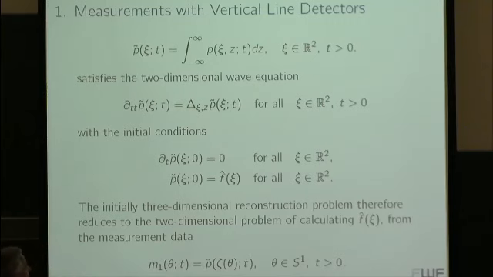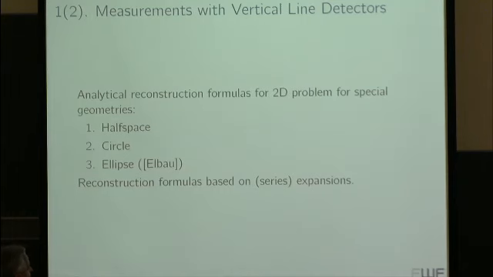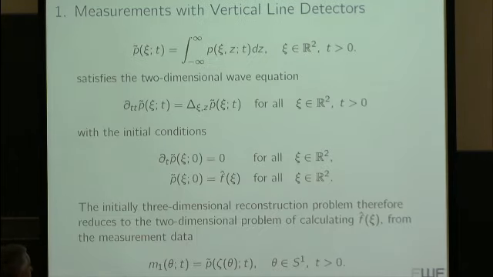You make an average pressure in z direction in the third component. And when you do this, the auxiliary function, which averages the pressure in z direction, satisfies again a wave equation. But this is now a two-dimensional wave equation, where you just do it in the R2 plane.